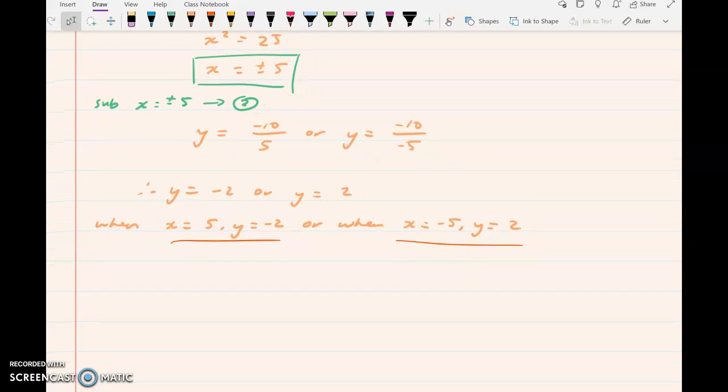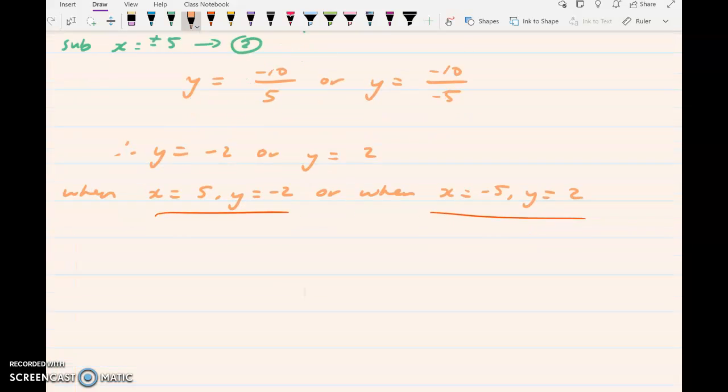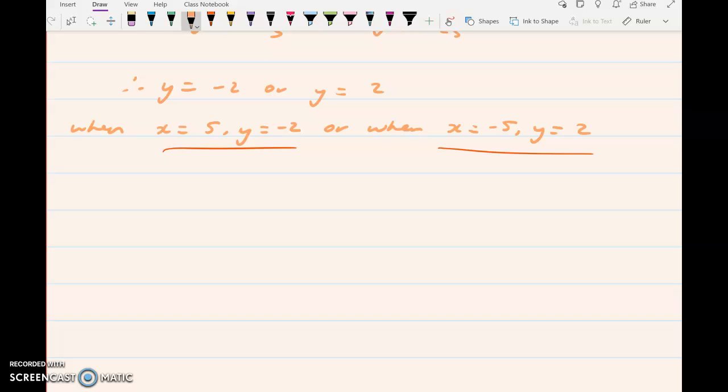To answer the actual question of what is the root, I'm going to say the root of 21 minus 20i is equal to, well, it's that first one, which is going to be 5 minus 2i, or minus 5 plus 2i.